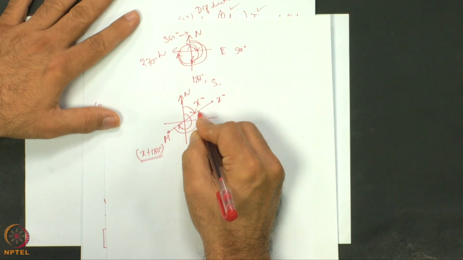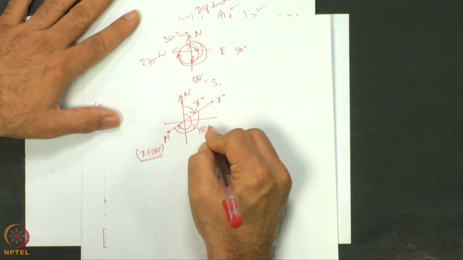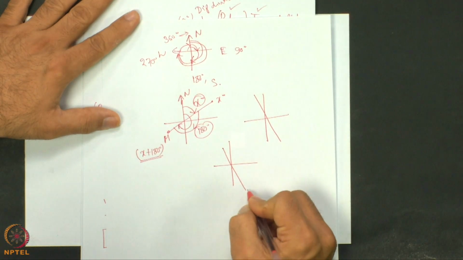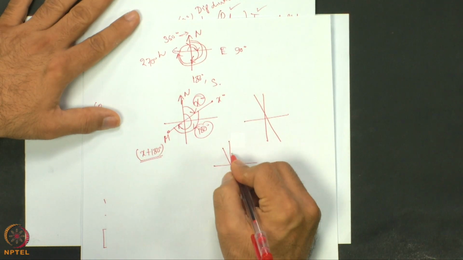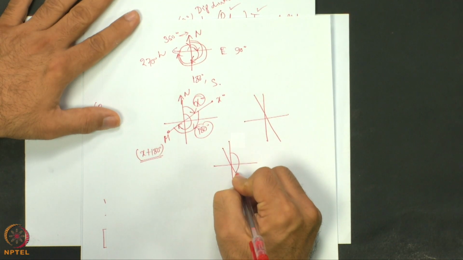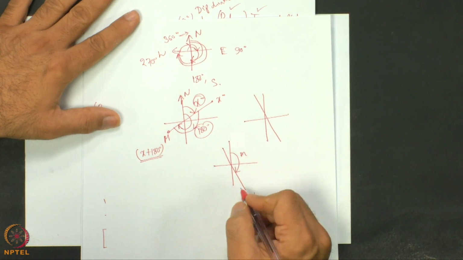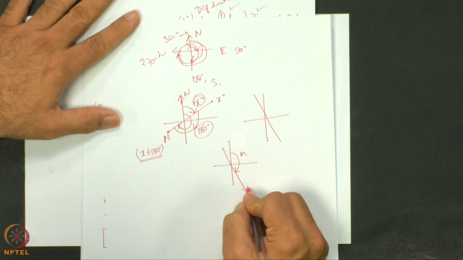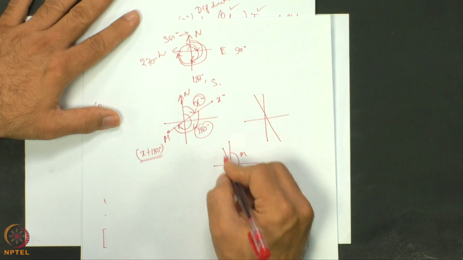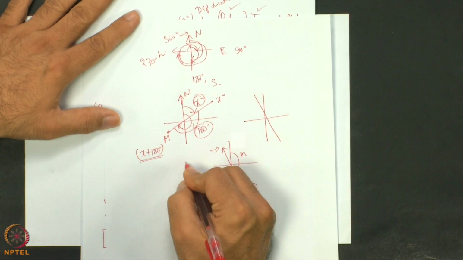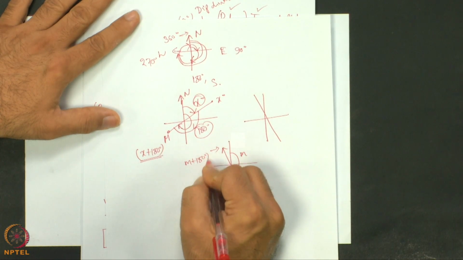The reason is this angle is 180 degree. What about this line? This is geographic north. So from geographic north measured in a clockwise direction, this obtuse angle, say small m, that means this geographic direction is m and this geographic direction is m plus 180 degree.